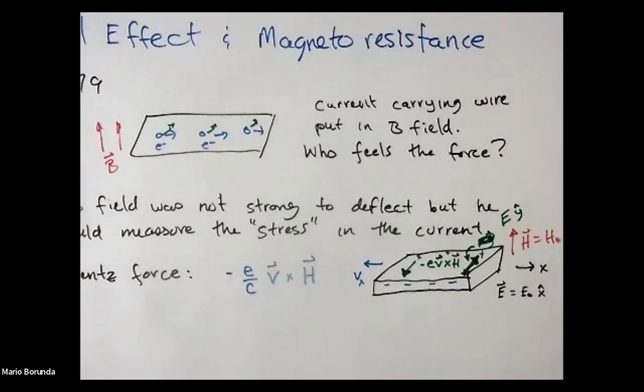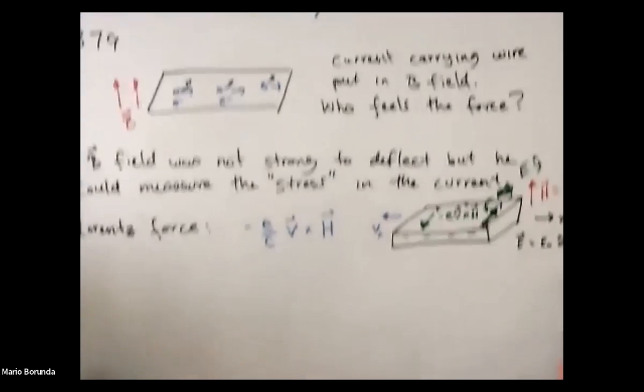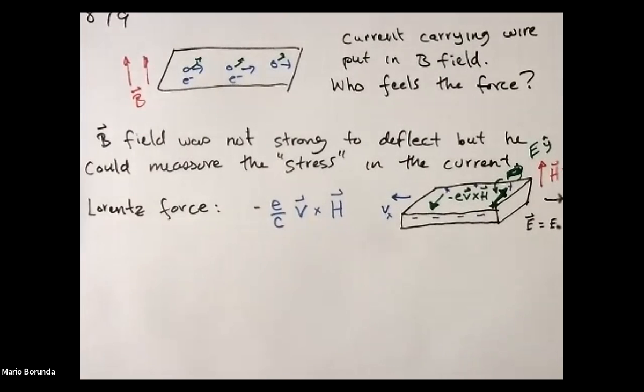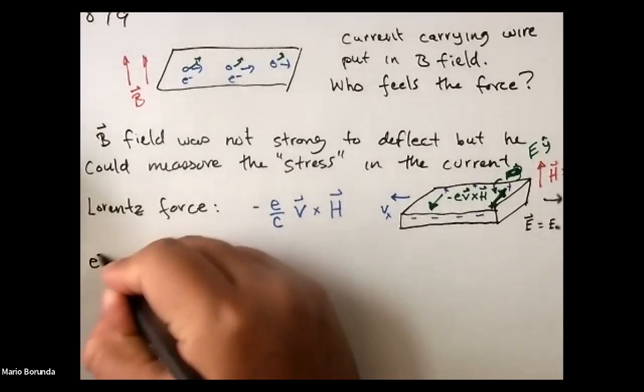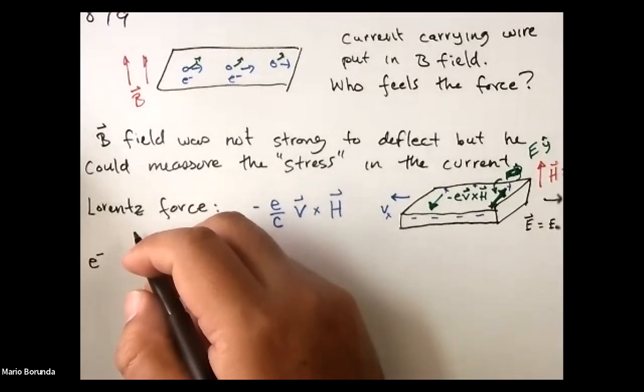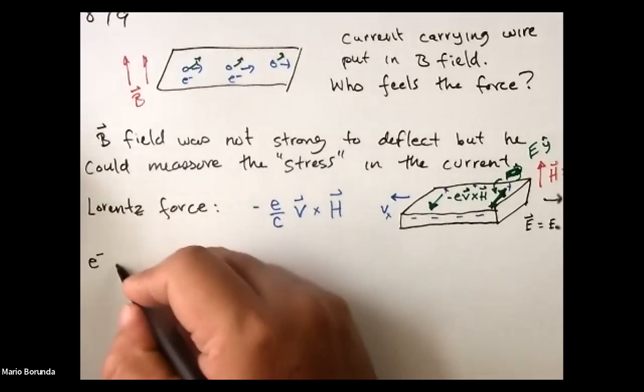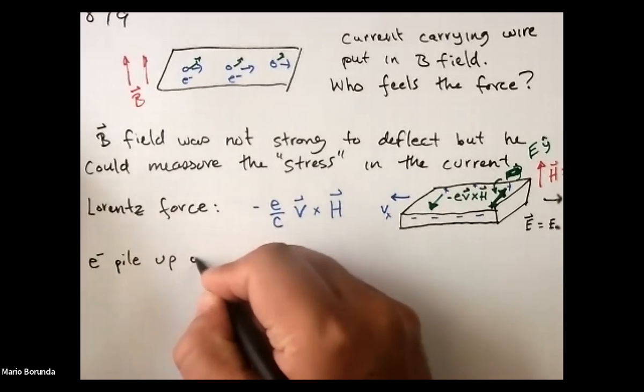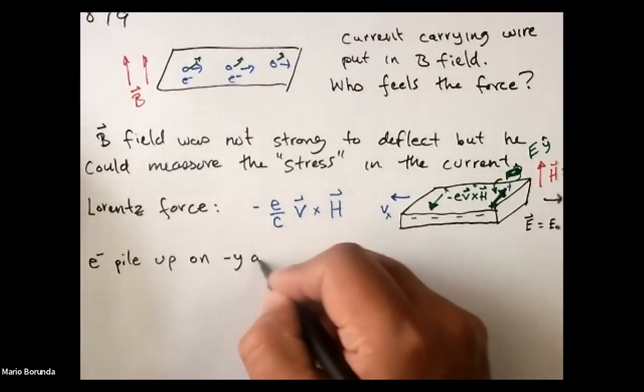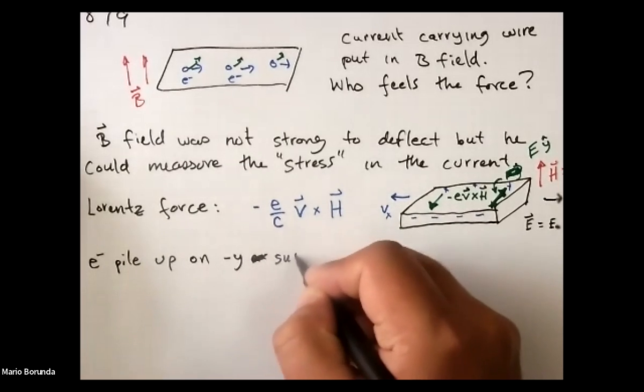So there was no real deflection. It was actually just creating this whole electric field that is pushing things in the opposite direction. So electrons are pushed and pile up on the negative y surface.